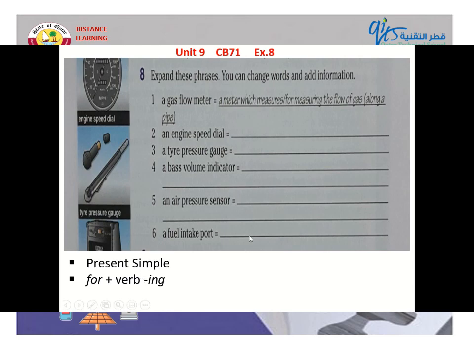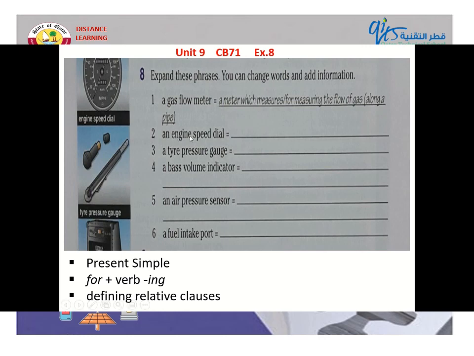And finally, you need to also remember your defining relative clause to define the phrase. Good. So we will do number 2 together, and you should do the rest by yourselves.